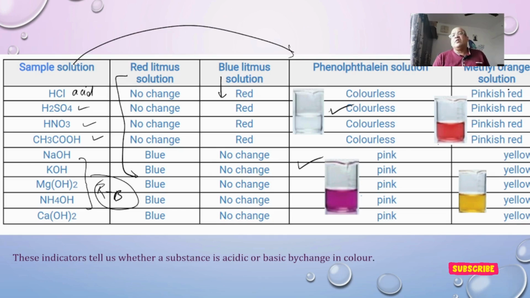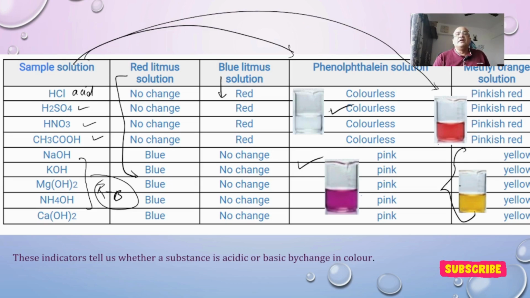The color change for acids is pinkish red, and for bases the color change will be yellow. So these indicators tell us whether a substance is acidic or basic by change in color.